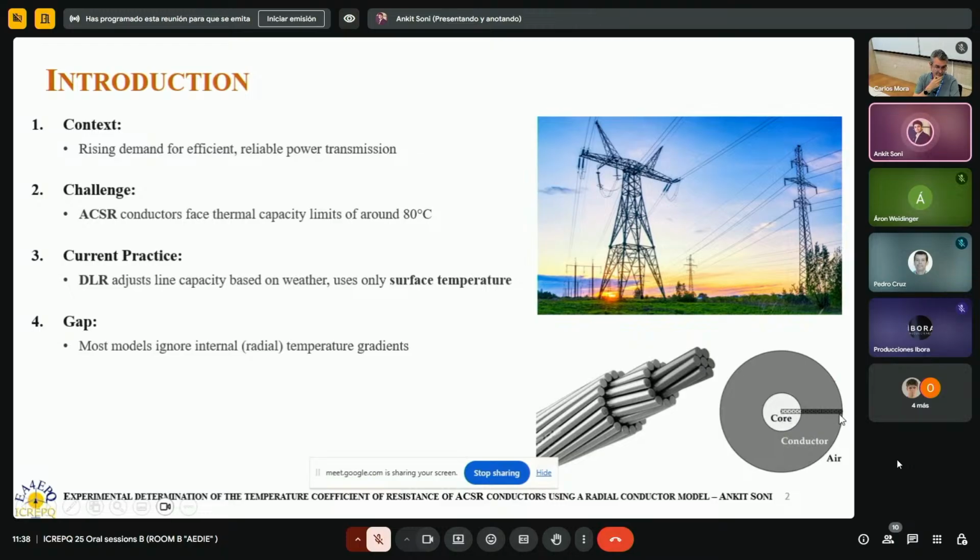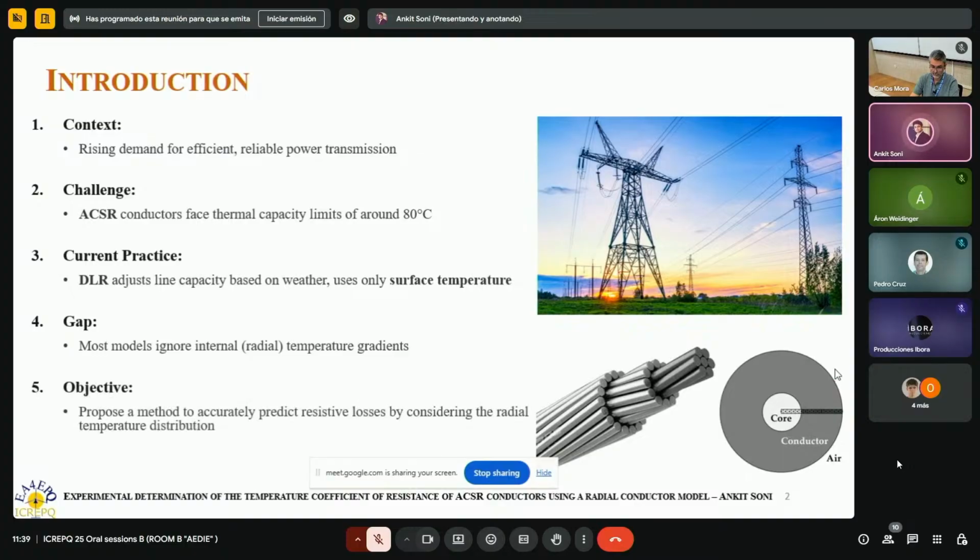So if we consider only the surface temperature as the average temperature of the whole conductor, that might create some error in our DLR prediction. So I have tried to create a model and make some changes to the DLR model, so that we can also see the actual average temperature of the conductor.